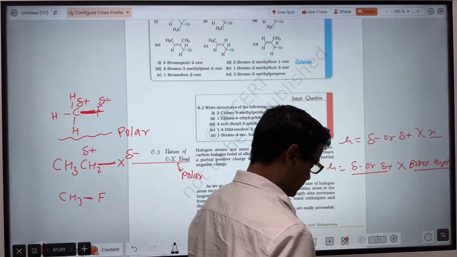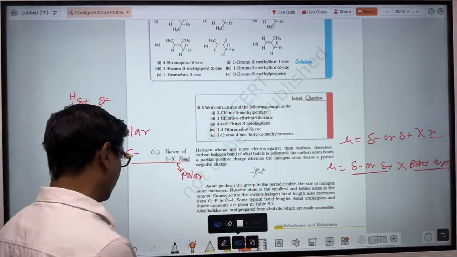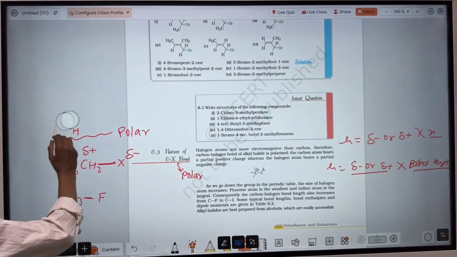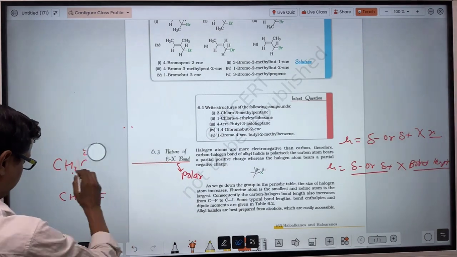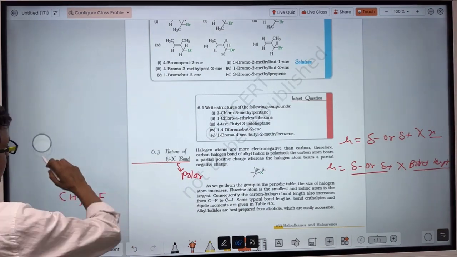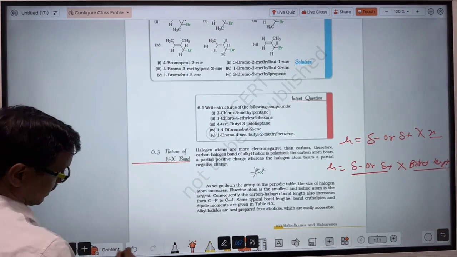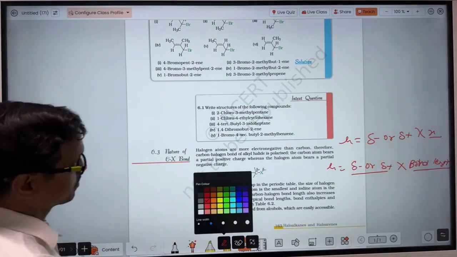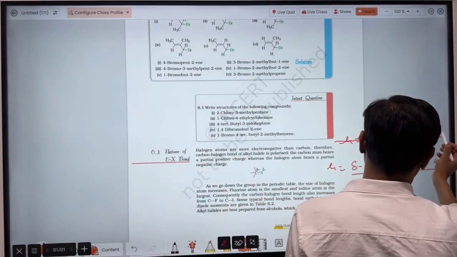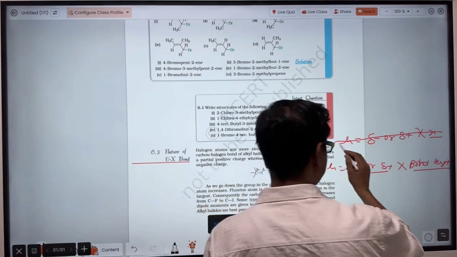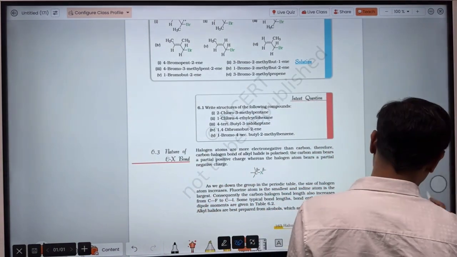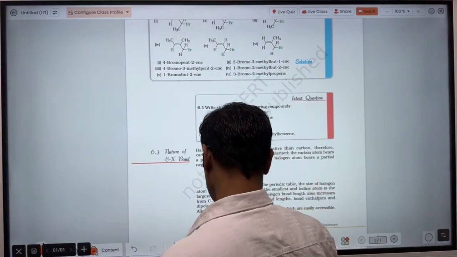Okay, so let's see what would be the order of dipole moment. That's a question frequently asked in the NEET examination, and it is also important for JEE Main and the CUET examination. What will be the order of dipole moment?